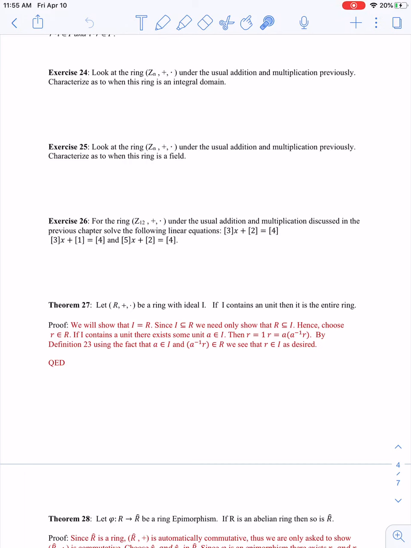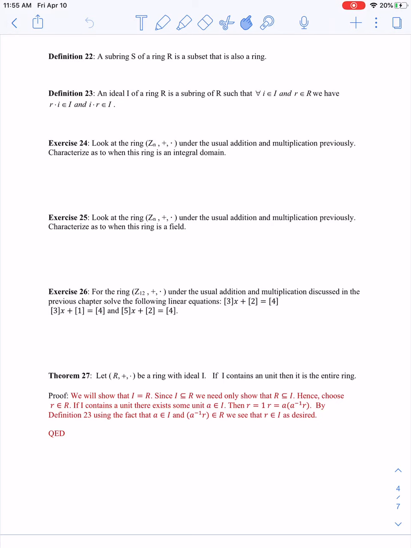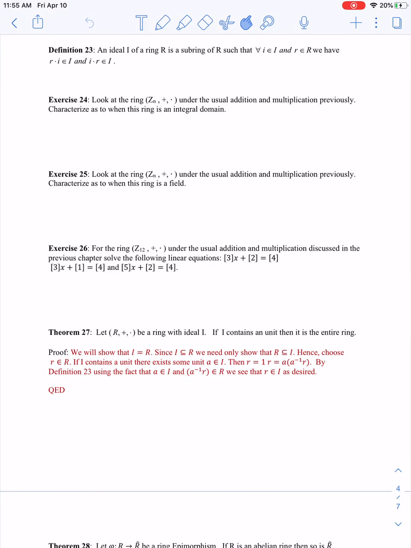Now what's so special about that? We'll go back to definition 23. Definition 23 says that if I have anything in my ideal multiplied by anything in R, I'm back in my ideal. Well, look at this up here. A is in my ideal.